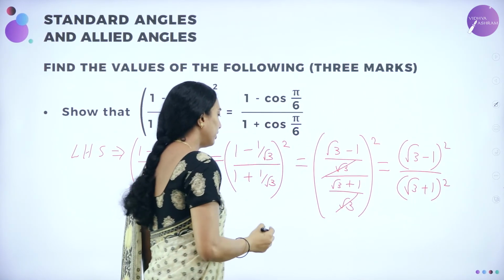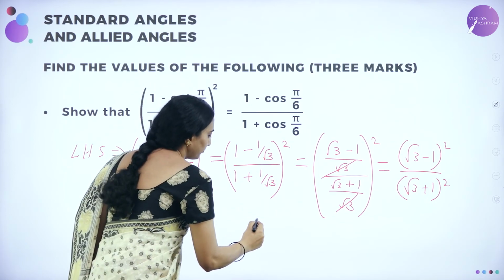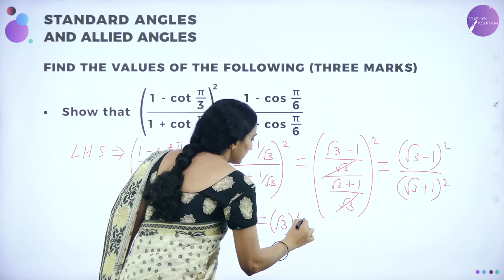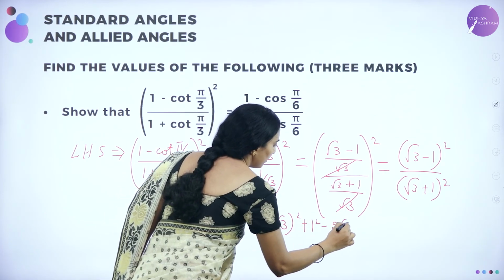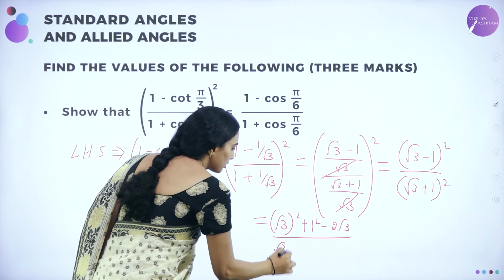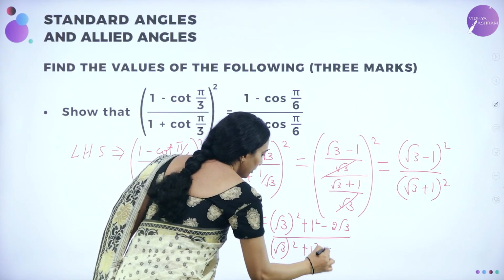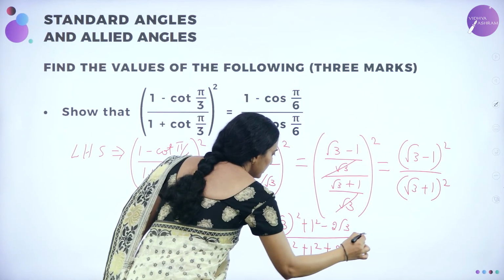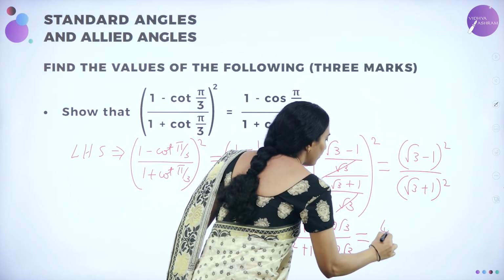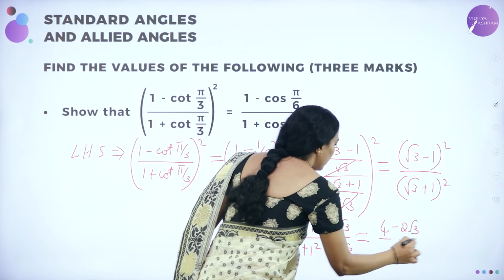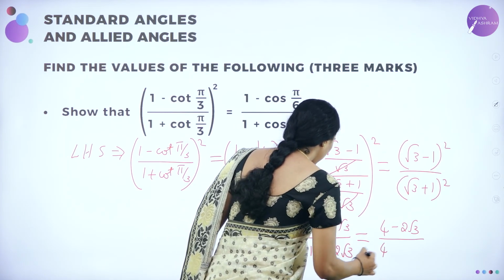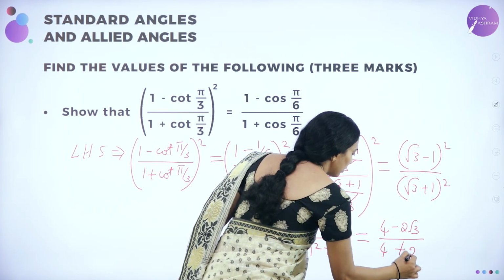So split this one, you are going to get the answer as, see, root 3 whole squared plus 1 squared minus 2 root 3, because it is a minus b whole squared. A plus b whole squared is a squared plus b squared plus 2ab. Which implies that, see, root 3 whole squared is 3, 3 plus 1 is 4, 4 minus 2 root 3 divided by here, root 3 whole squared is 3, 3 plus 1 is 4, 4 plus 2 root 3.